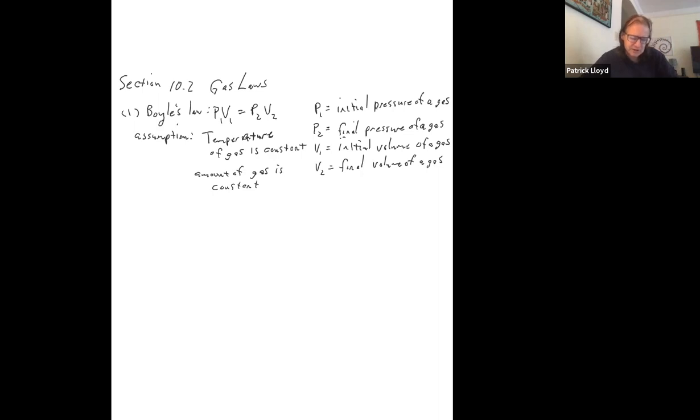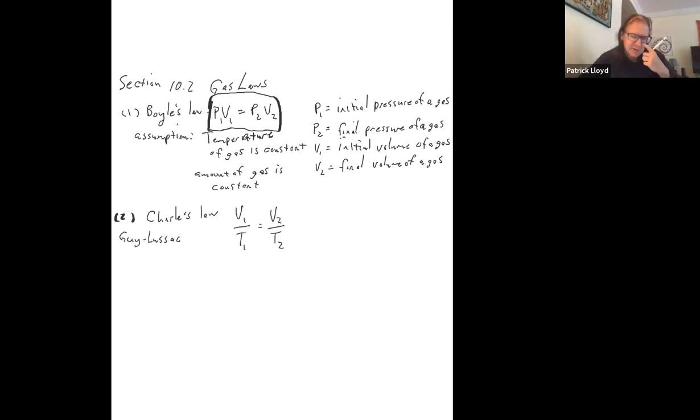Very simple relationship. And there's all kinds of ways we could talk about it, but I'm going to leave that behind for now. The second one is called Charles's law. Although sometimes this is called the law of Gay-Lussac, because Gay-Lussac also studied this issue. And this one says that V1 over T1 is equal to V2 over T2.